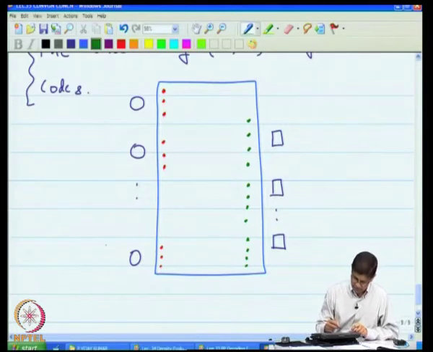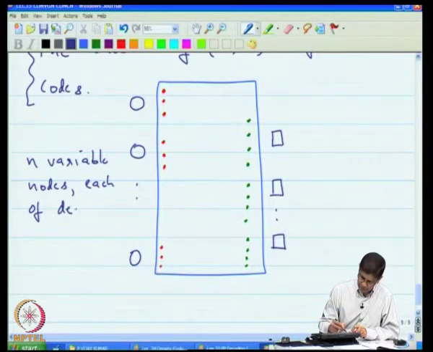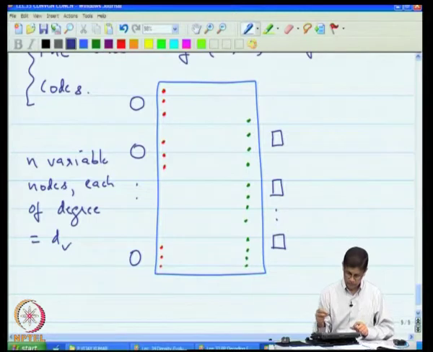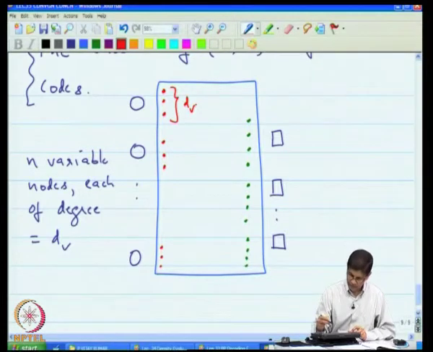So, that means that here we have n variable nodes, each of degree equal to dV. So, this number here is dV, which in this case is 3.